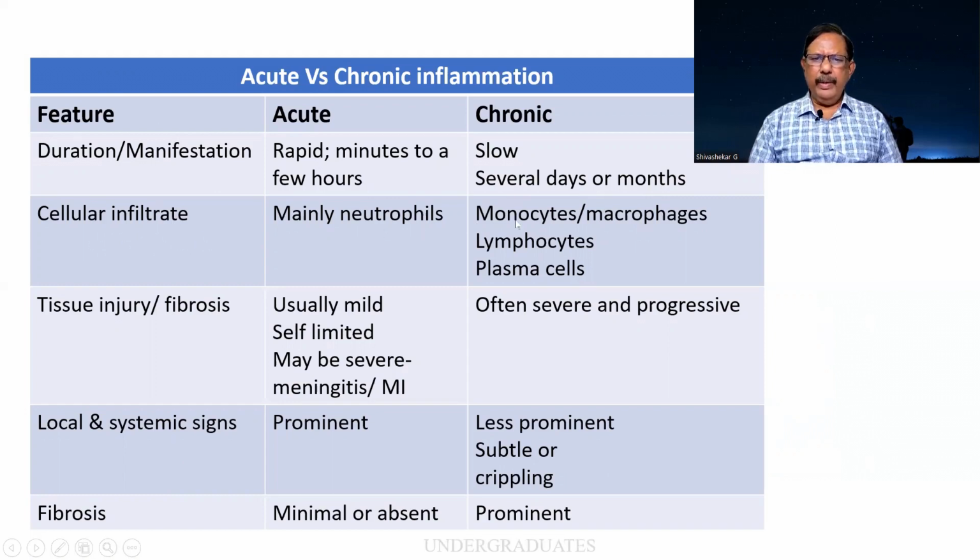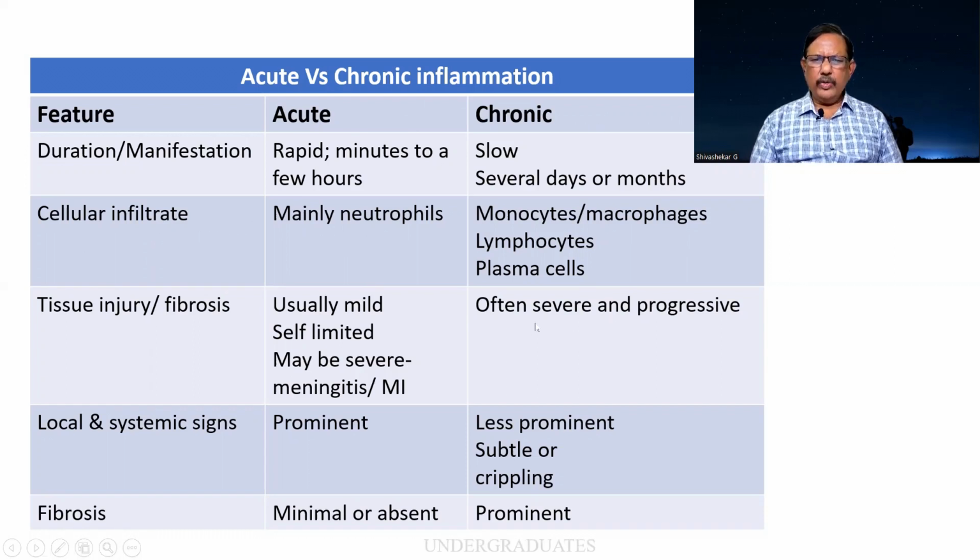In this case, it can be monocytes, lymphocytes, plasma cells mainly, and macrophages in the tissue. Tissue injury and fibrosis: usually it is mild or self-limited in acute, but in some conditions it can be severe, as in acute bacterial meningitis, acute myocardial infarction. Whereas in chronic, it is severe and progressive, as in chronic arthritis.